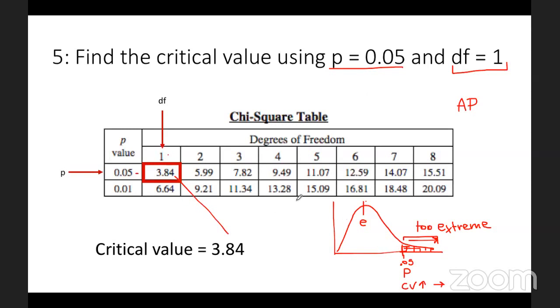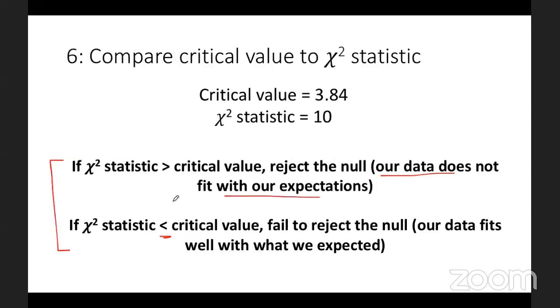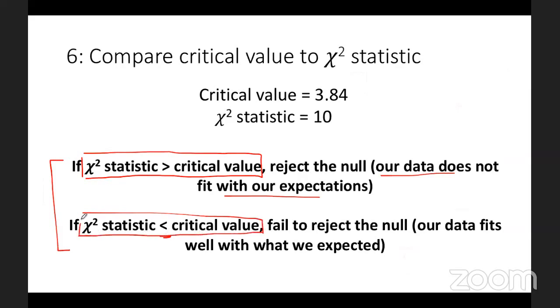And so if the critical value is larger than your chi-square statistic, it's in that extreme land that we would reject, right? Okay, so again, if the chi-square statistic is greater than your critical value, you can reject the null. If the chi-square statistic is less than the critical value, we can fail to reject the null.